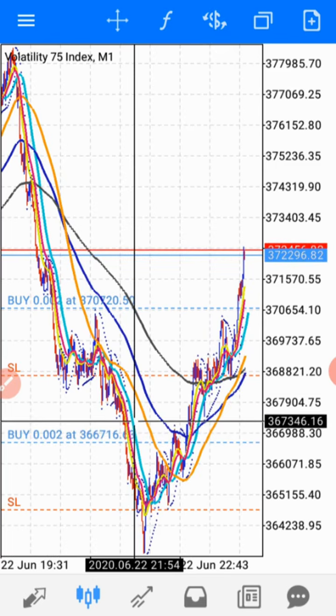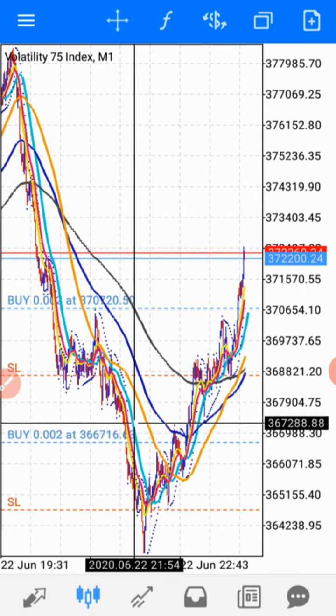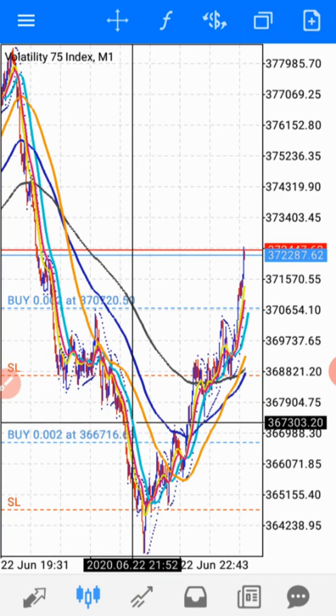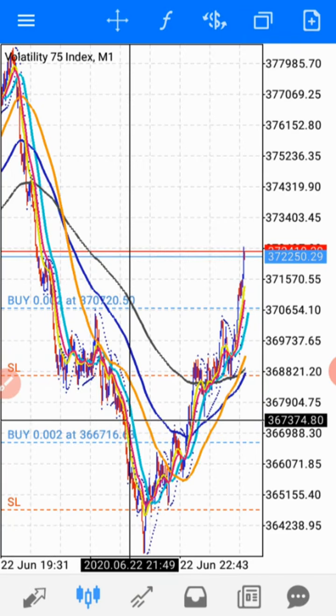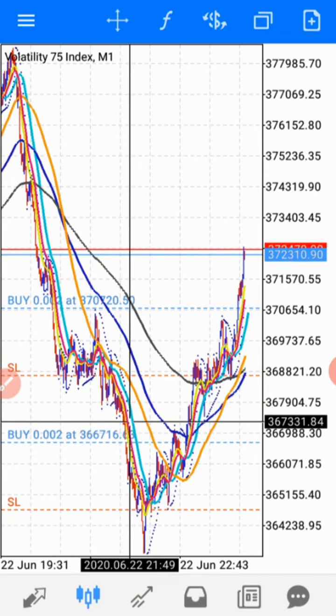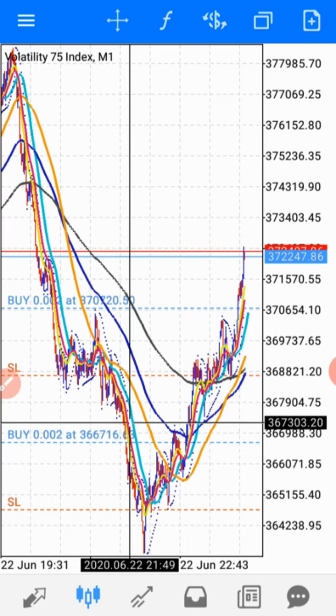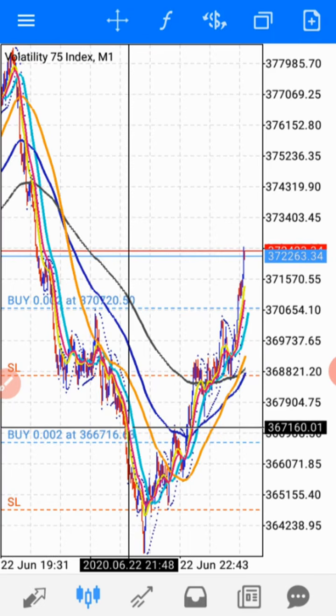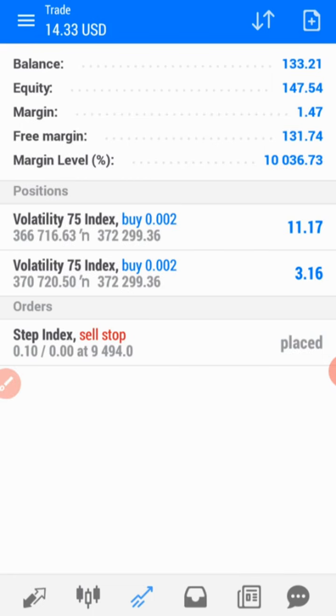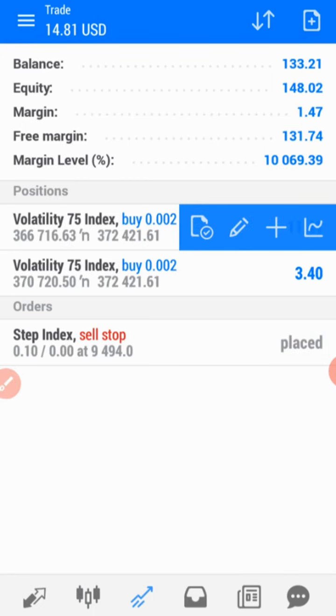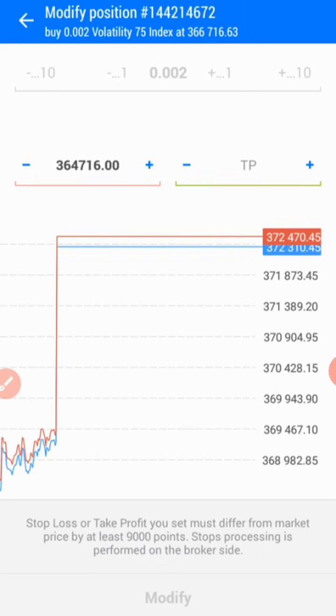I move my stop loss to the front of my entrance, somewhere around there. I'm making it very close like this, because I want to write the channel very long. See my two trades are in profit.